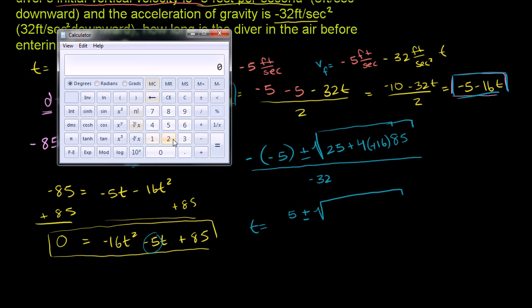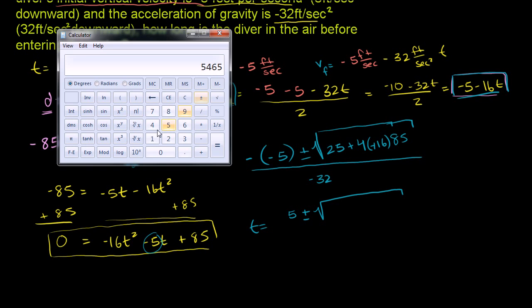Let's figure out what that is. If we have 25 plus, I'll put some parentheses here, 4 times 16 times 85, we got 5,465. And we can take the square root of this.